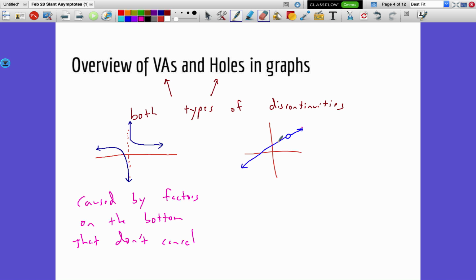All right, holes are factors that do cancel. So you'll have the same factor in the top and the bottom, and you can cross them out, but the value that makes that equal to 0 will still cause a hole in our function.